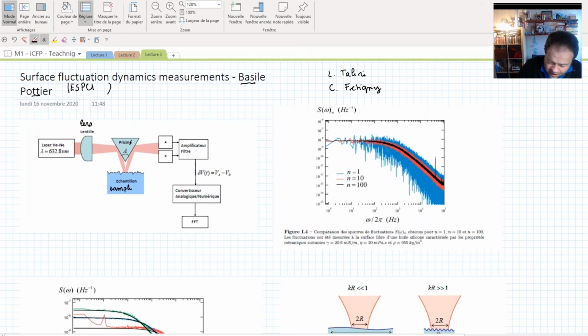The light comes back to the prism, and there are some fluctuations on the surface. He has a signal A as a function of t, a signal B as a function of t, which are the signals obtained on two photodiodes, and then he has made the correlation between these two functions.